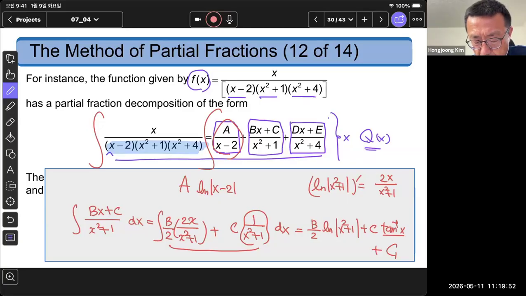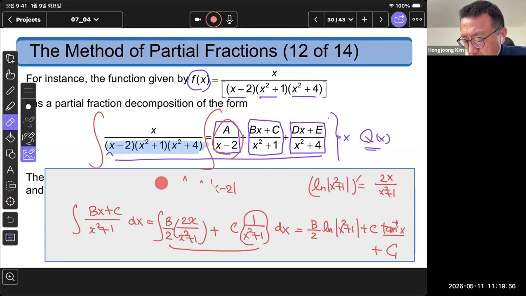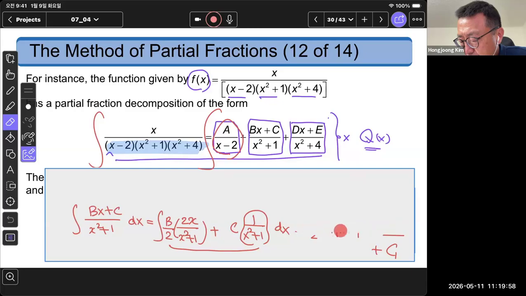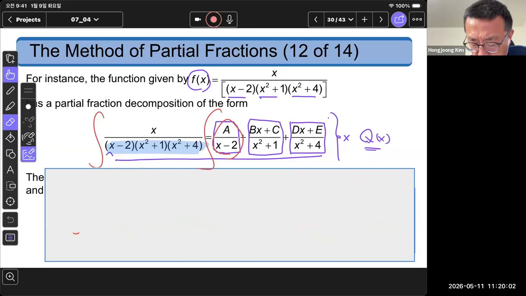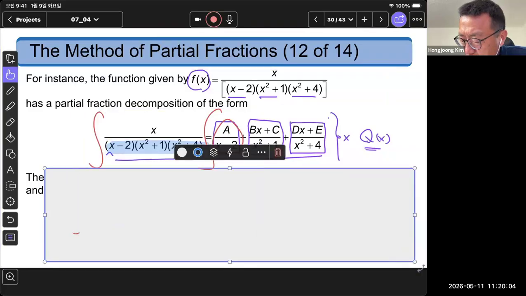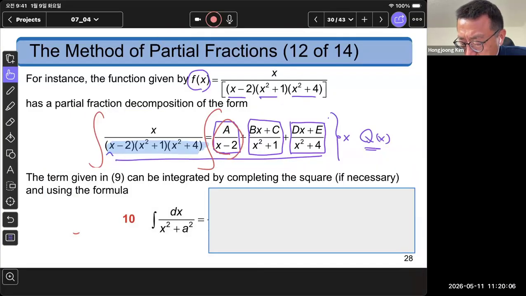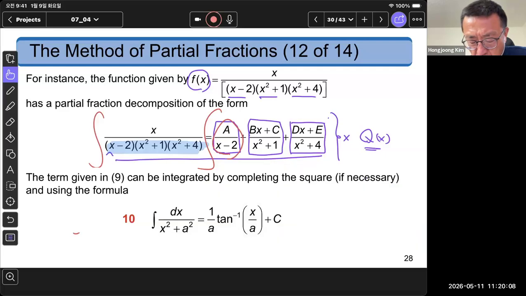Let me erase this. When you integrate this term, you get arctangent. So this is the formula we need to use, okay?